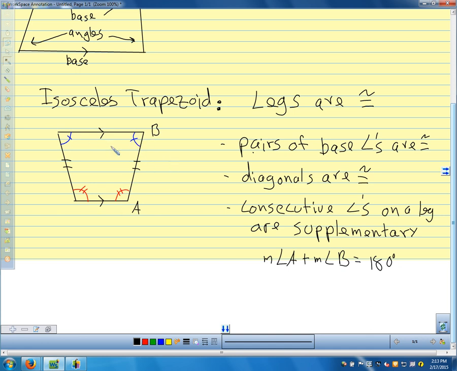Right, so the parallel sides are the bases. So we don't call them legs. The parallel sides we call bases. So along the base, on the isosceles trapezoid at least, those consecutive angles are congruent. So angle A and angle B add up to 180. These two would add up to 180, but along the bases they're congruent.